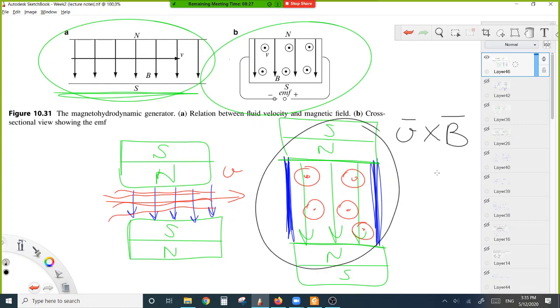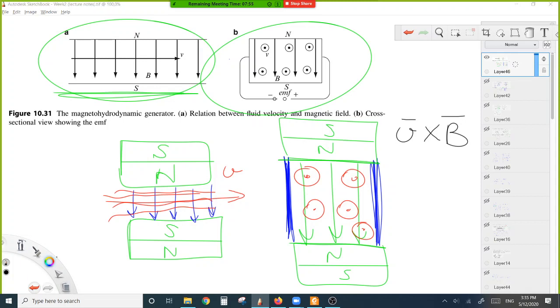Here in this figure, we draw the directions of V and B. This indicates that the left plate becomes negative and the right plate becomes positive.